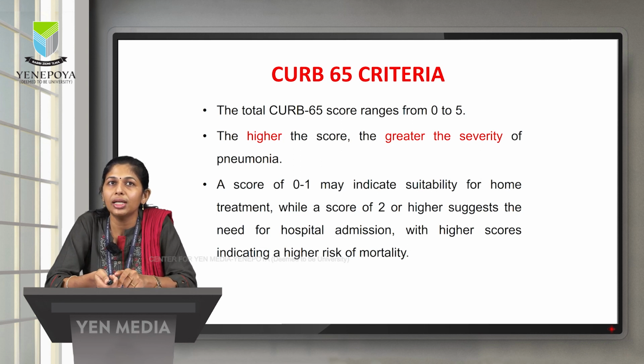So the total CURB-65 score ranges from 0 to 5. If the score is high, the chance of severity is greater. A score of 0 to 1 may indicate suitability for home treatment; the patient can be treated as an OP patient. A score of 2 or higher suggests there will be a need for hospital admission, with a higher score indicating a higher risk of mortality.